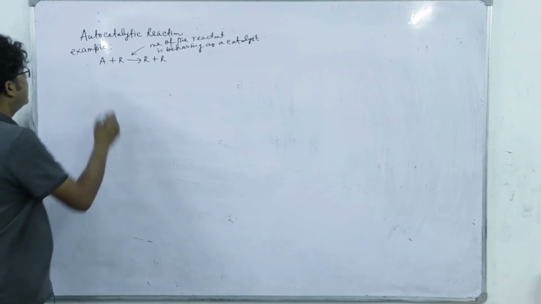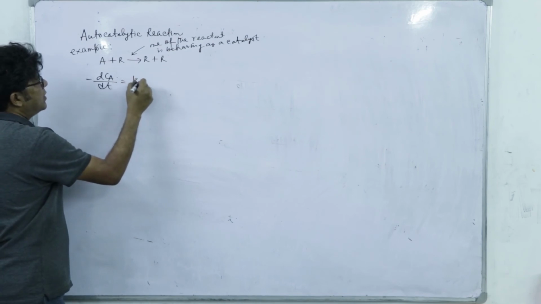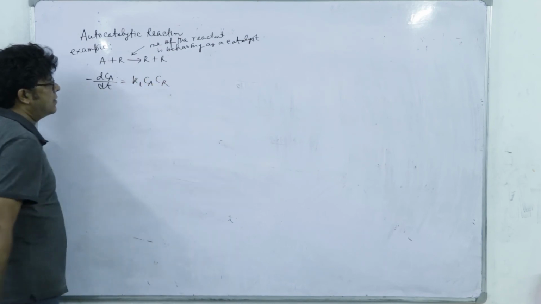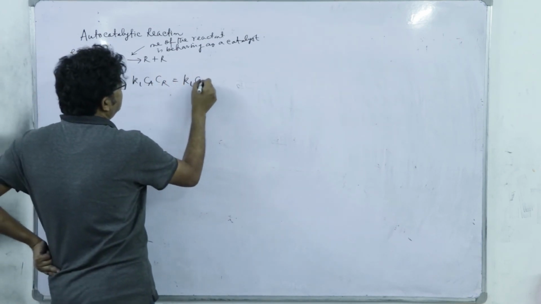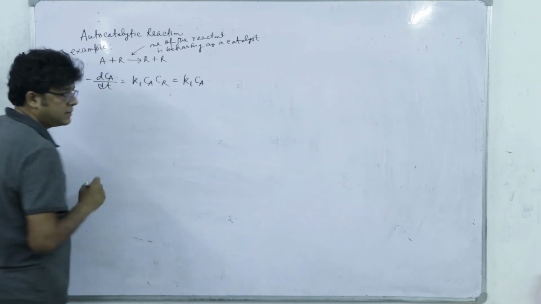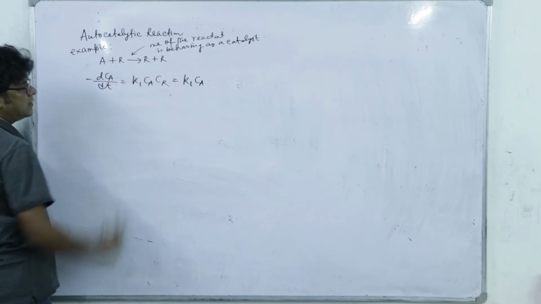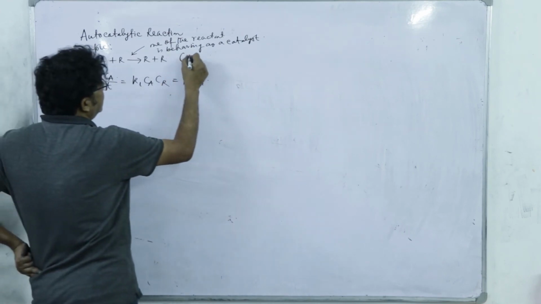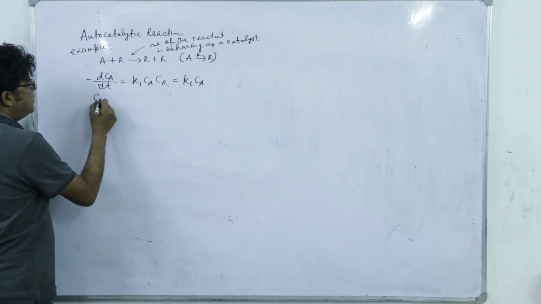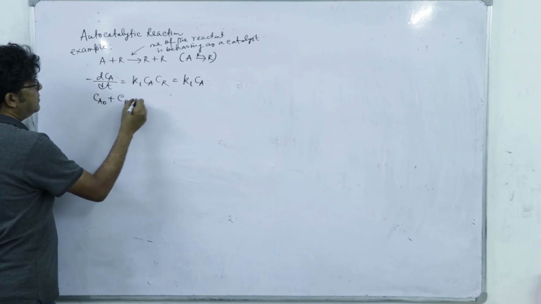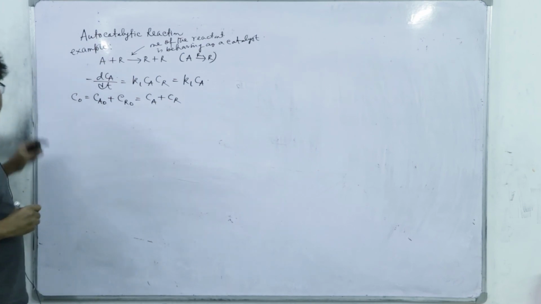Right. So minus dCA/dt equal to K1 CA into CR. Right. So it is K1 CA. Now CR, how do you write? That's the point. Now you see here we have a pretty simple issue, because all the stoichiometric coefficients are 1, and actually it is A giving R catalyzed by R. So CA0 plus CR0 is equal to CA plus CR, and initial total number of moles, let it be C0.